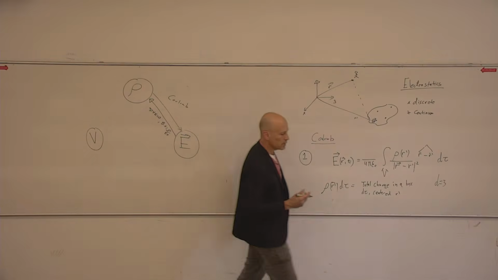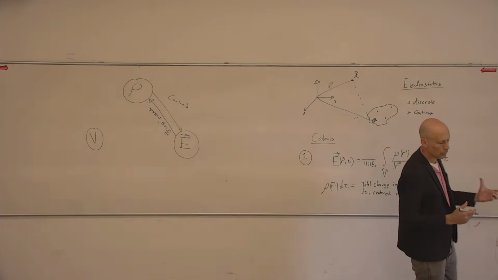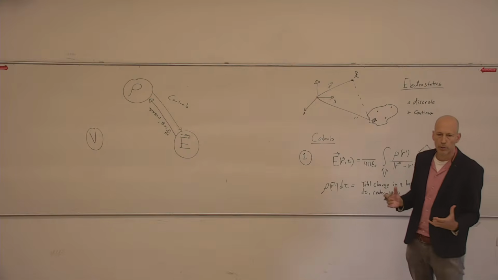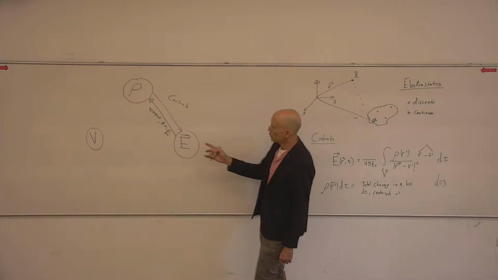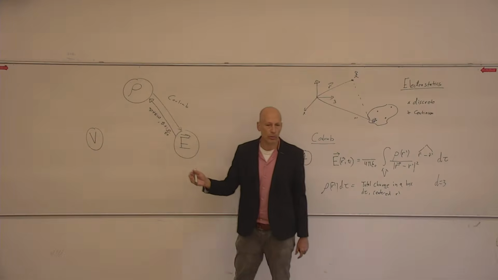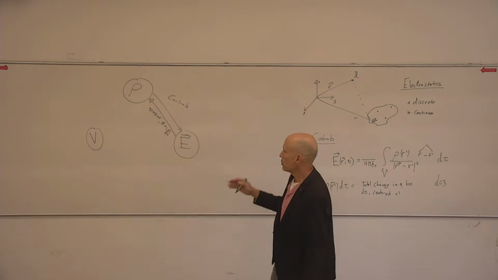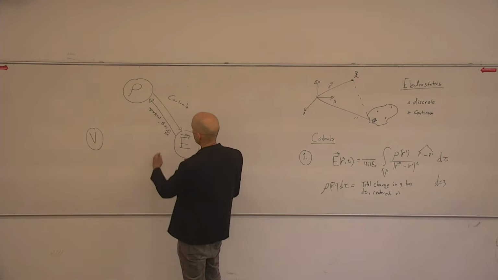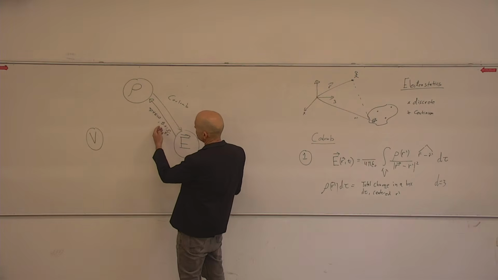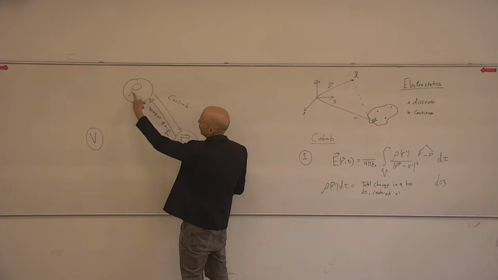This law is actually equivalent to the Coulomb's law and the superposition principle. In Maxwell's equations, this is part of the Maxwell equations. So this gives you the following option. For example, if I know the E, I can take the divergence, this is defined here, and I can go in that direction.